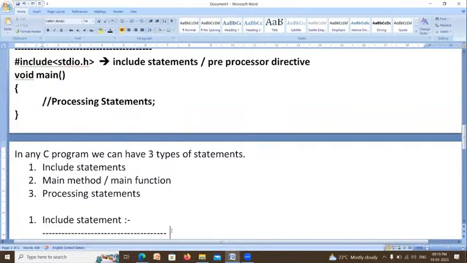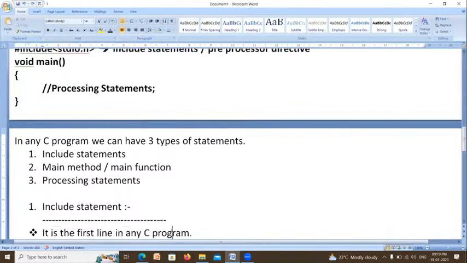Please all of you note down this. The different parts of a C program. One is include statement. Second one is main method, also called main function.